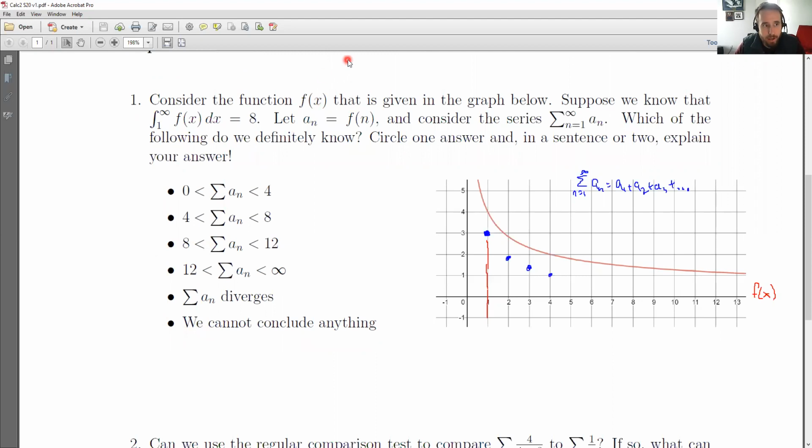Maybe the first thing that I can conclude, straight off the bat, if I'm trying to conclude something about this infinite series, it's not much, but it's something. I can conclude that the sum as n goes from 1 to infinity of a sub n is finite. That is something I can definitively conclude, which means that it is not the case that it diverges.